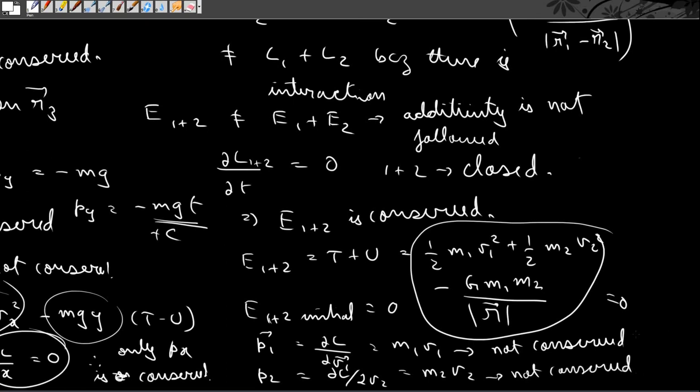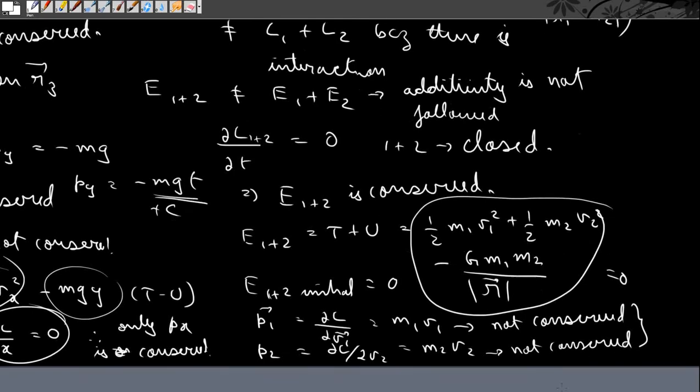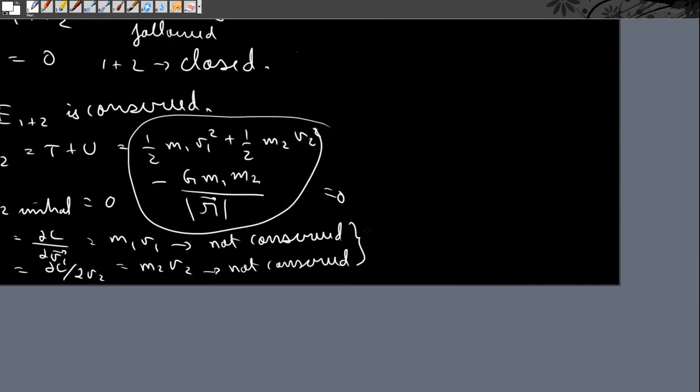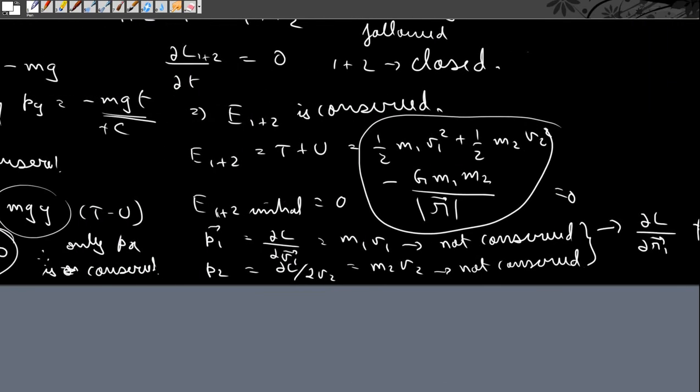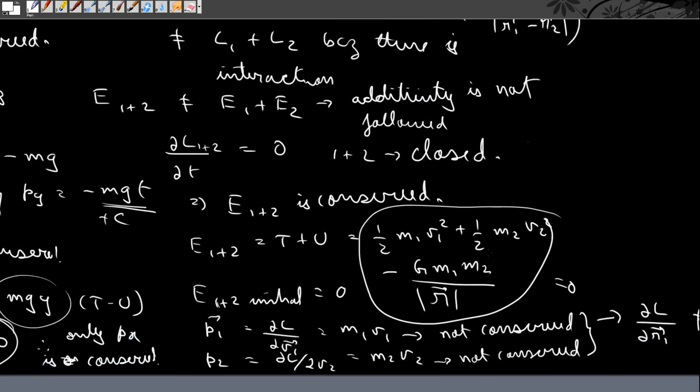Why? Because dou L by dou R1 and dou L by dou R2 are not equal to 0. This can be seen from the definition of our potential.